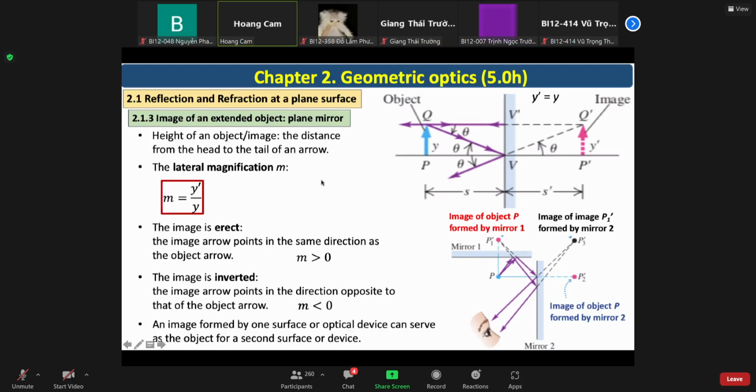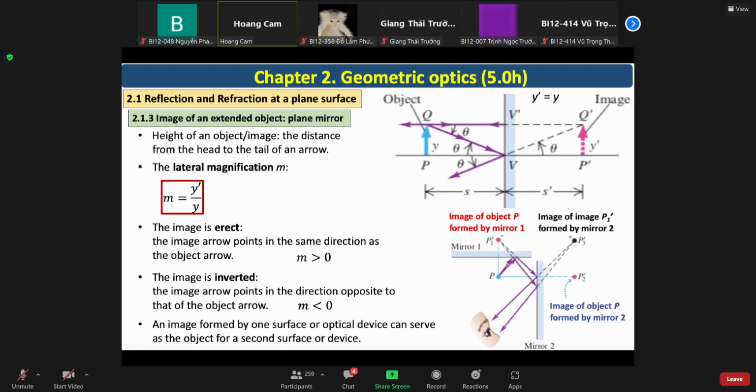So an image formed by one surface or device in general, because here we have the plane mirror, but you can also have other cases, for the lens system for example, can serve as the object for the second surface or device. So pay attention to that as well.